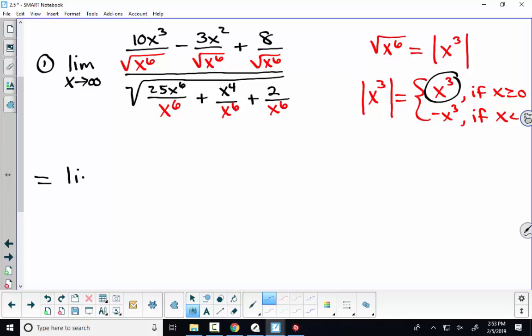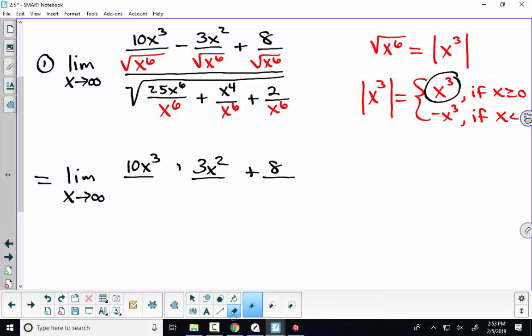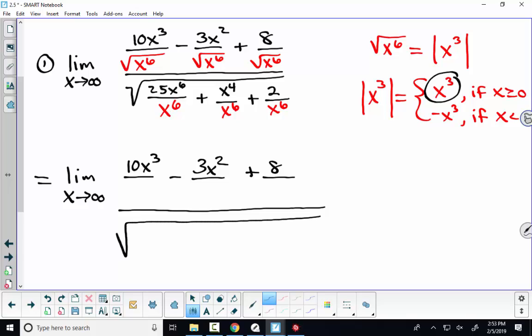So then that just means, since x is approaching positive infinity, on the top, we just need to divide through by a positive x cubed.